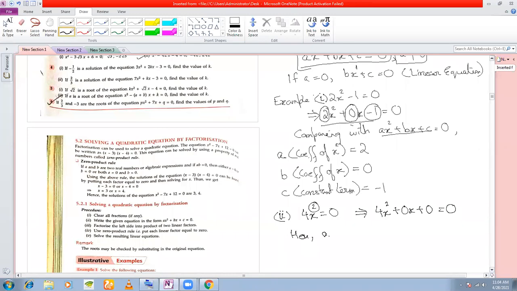The coefficient of x square is 4, the coefficient of x is 0, and the constant term is 0. So this is how you identify a quadratic equation. That is, the highest power of x must always be 2 for a quadratic equation. It is not ox, it is 0 into x. So that is what you must know.